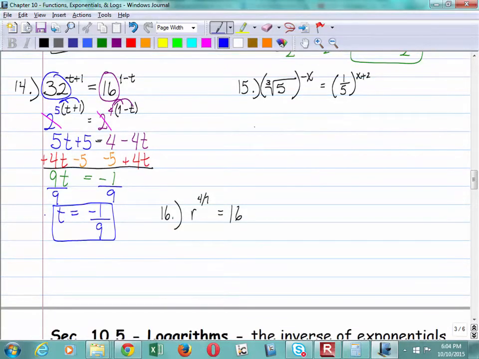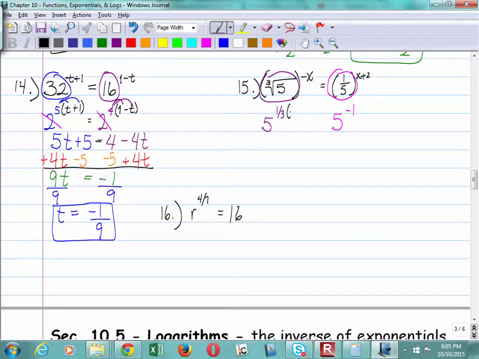Alright. So number 15, I want to think of a prime number that I could use as a base for both sides. So since both of those are involving the 5, I believe 5 would be the number I'm looking for. So the cubed root of 5 can be written as 5 to the power of 1/3, and 1 over 5 can be written as 5 to the power of negative 1.